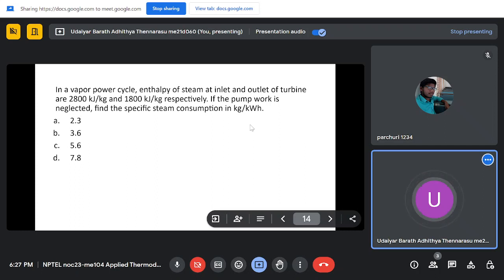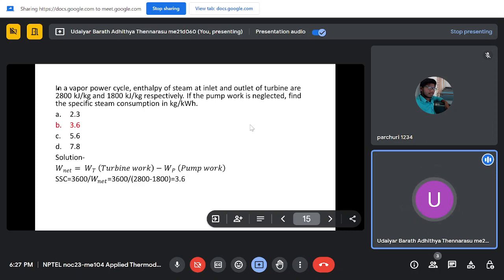Okay. So we'll see how to solve this. The answer is 3.6. You know that the total net work is the turbine work minus the pump work, and the question asks us to neglect the pump work, so we can assume it to be 0. So the turbine work is the enthalpy difference, 2800 minus 1800, which is 1000 kilojoule per kg.